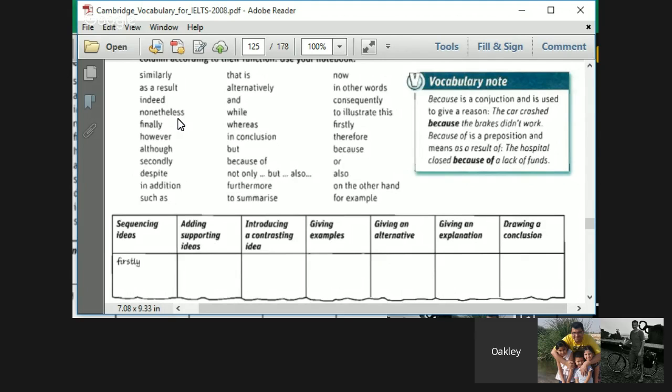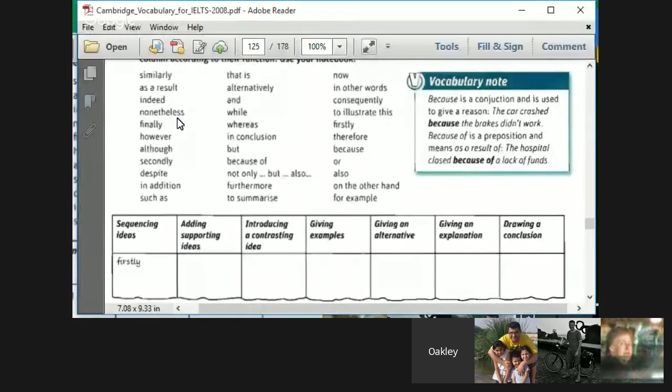Okay. Nasser, how about nonetheless? Nonetheless, what does it mean? It's close to in spite of the fact he weighs 750 pounds. Nonetheless, he can run 50 meters in 4.4 seconds.